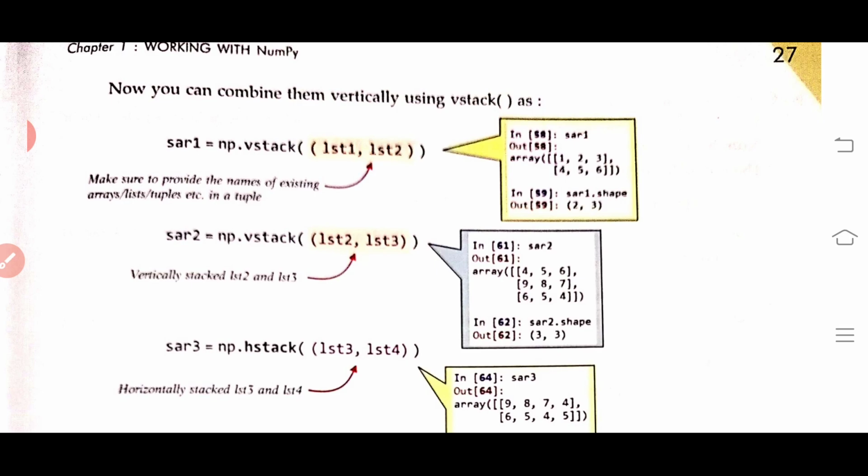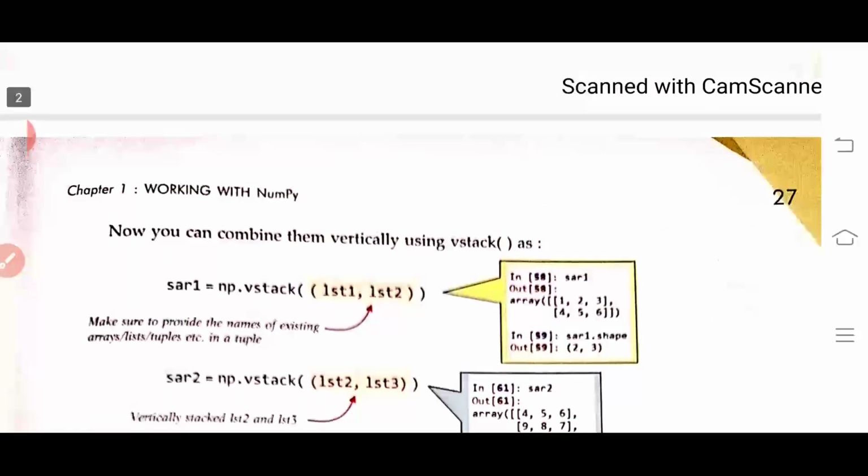Means using vstack we are joining list 1 and list 2, and we are keeping the joined or resultant array in SAR1. NP means the NumPy alias name, vstack is the function name for joining, and lst1, lst2 are our lists.